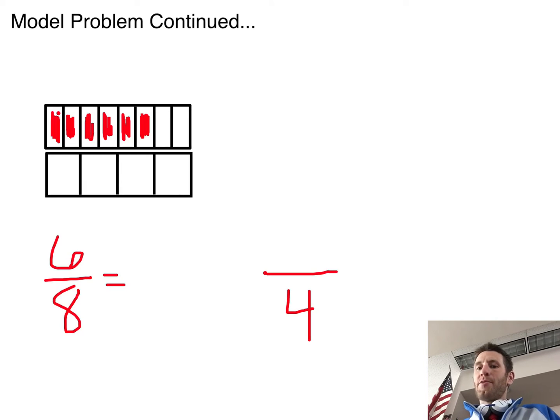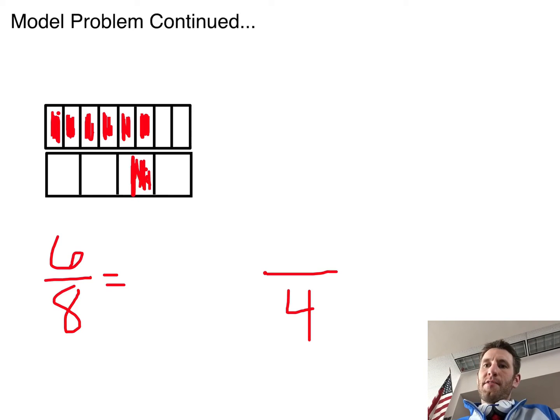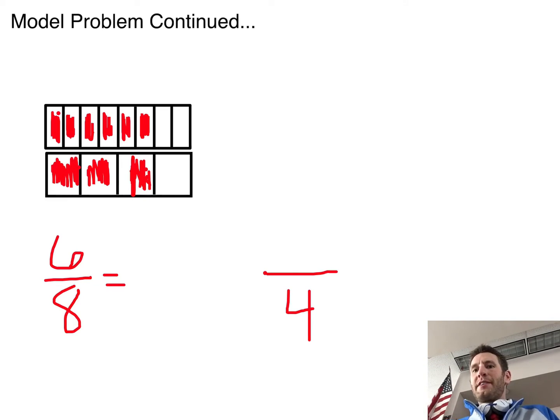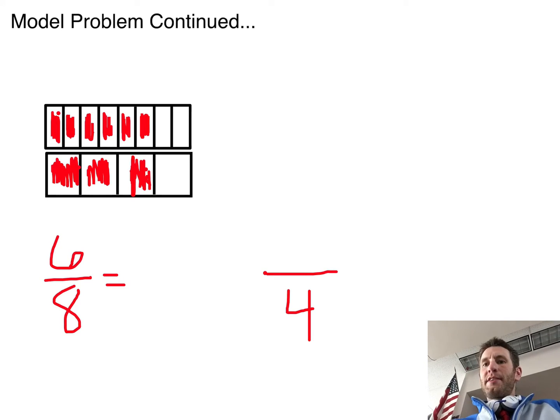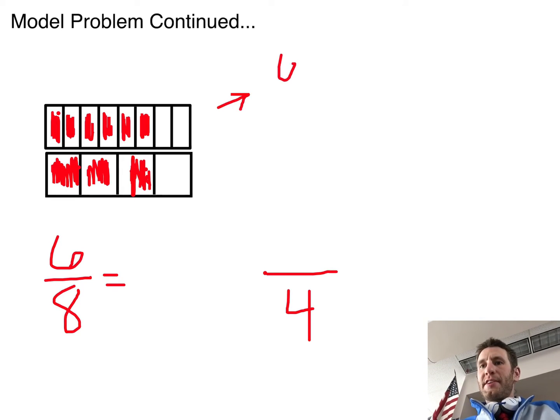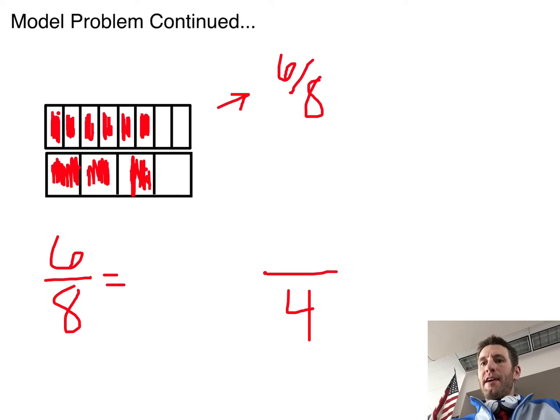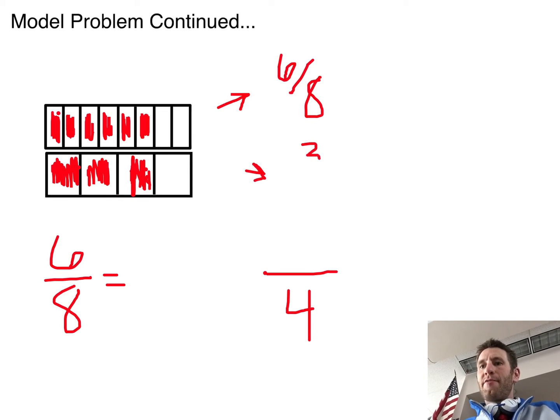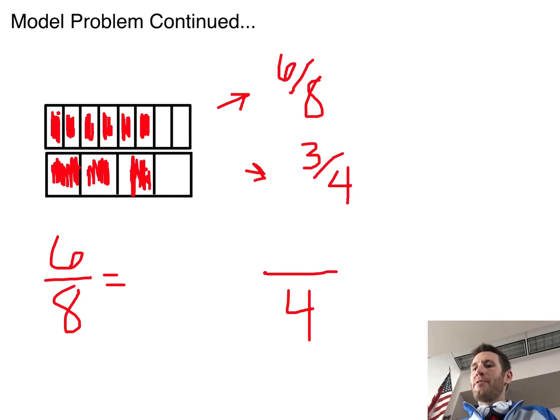So by drawing a model, one strategy, I can simply look up at the top and see there's 6 of those smaller boxes shaded in, and I'm going to shade in the matching amount of boxes at the bottom. So I can see that right here I have 6/8, and at the bottom I have 3/4, and I know that they take up an equal amount of space or an equal amount of value, which makes them equivalent fractions.